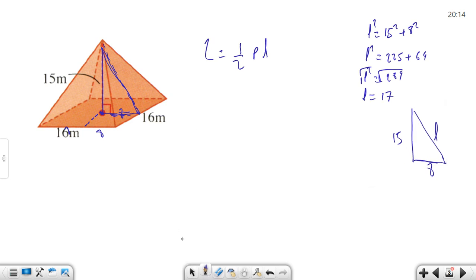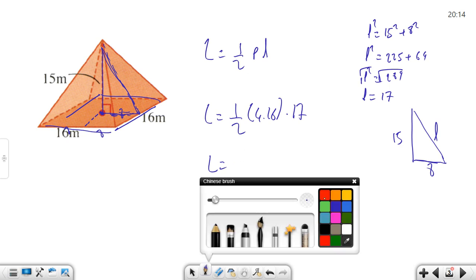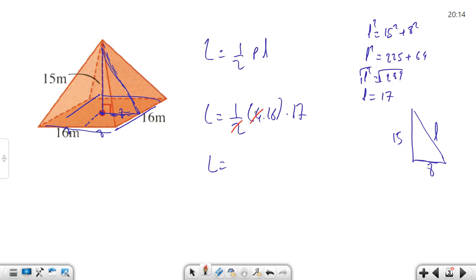Now I can calculate the lateral area. Lateral area equals 1 over 2 perimeter. What is the perimeter of the square? 4 times 16, because 16, another 16, plus another 16, plus another 16. So 4 times 16 multiplied by slant height, which we found is 17. Lateral area equals, you can simplify because these are all multiplication.